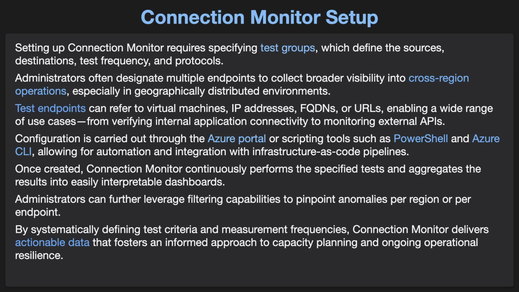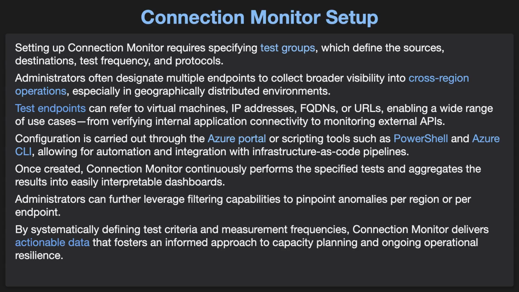Setting up Connection Monitor requires specifying test groups, which define the sources, destinations, test frequency, and protocols. Administrators often designate multiple endpoints to collect broader visibility into cross-region operations, especially in geographically distributed environments.